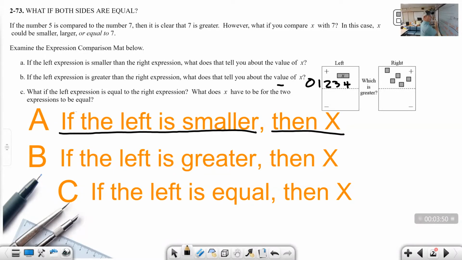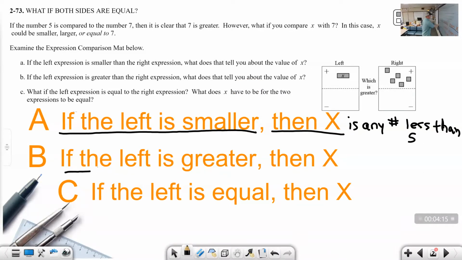So if the left-hand side is smaller, then x is any number less than 5. It cannot be 5. 5 is not less than 5. It could be 4.999999993, but it cannot be 5. Any number less than 5.